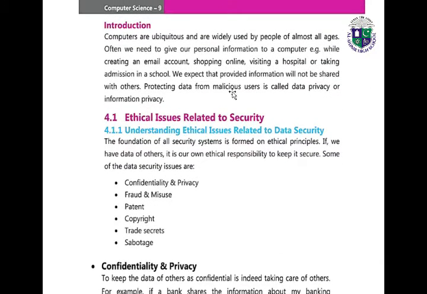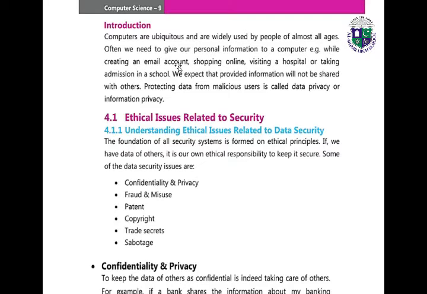We know that computers are ubiquitous and are widely used by people of almost all ages. What is the meaning of ubiquitous? It means it is widely used. It is present everywhere. Often we need to give our personal information to a computer.